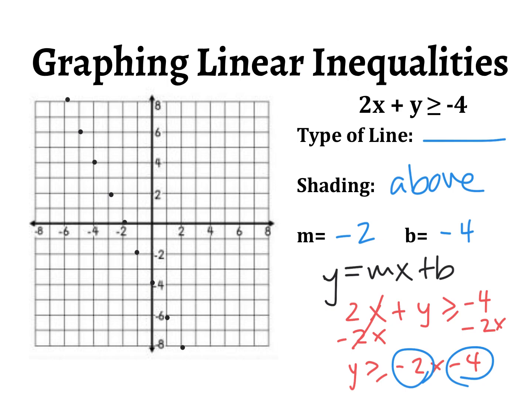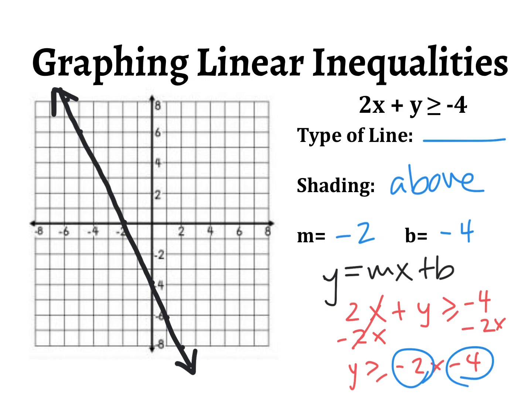And I can continue in the opposite direction. As I connect these points, I'm going to connect them with a solid line instead of a dotted line as before. Again, solid line because we have the equal symbol in there. Now, we're supposed to shade above this line.